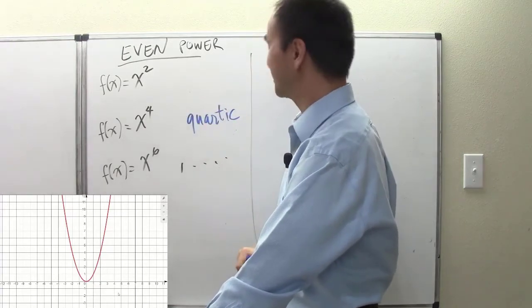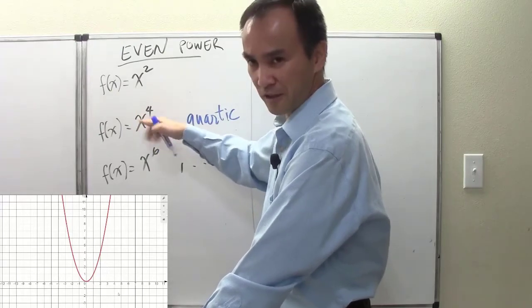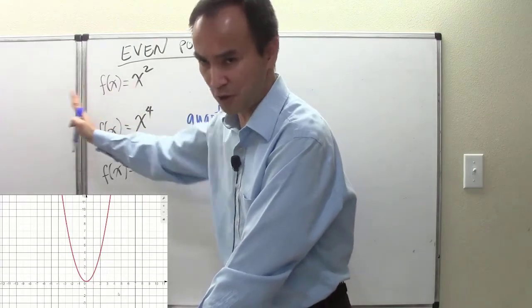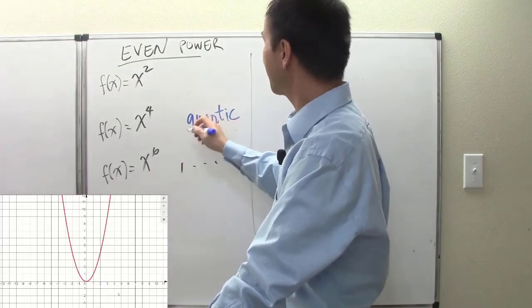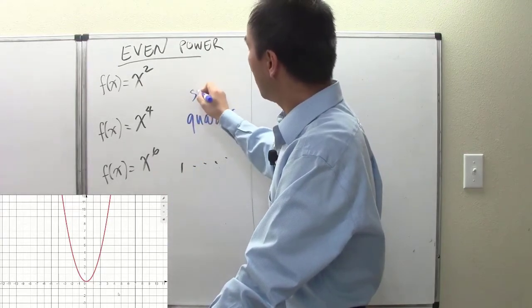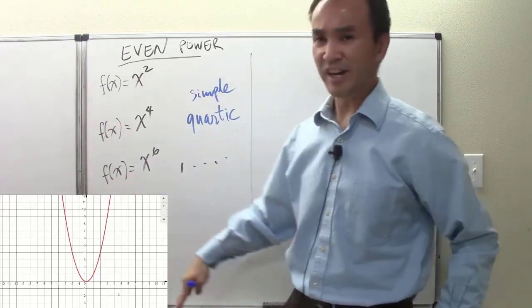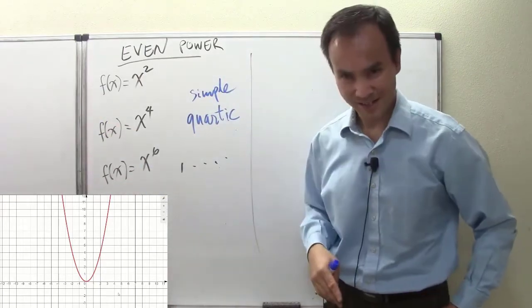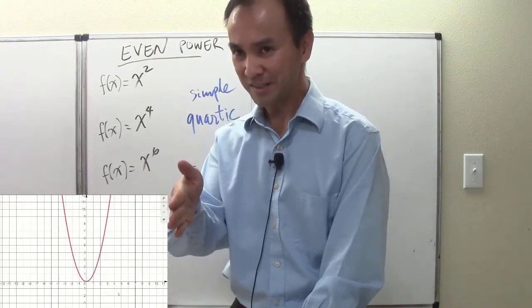It's just x to the fourth, with no special coefficient in front, and we will get to that. So here I call it the simple quartic. And there's no need to have a name for the 6th or later powers.